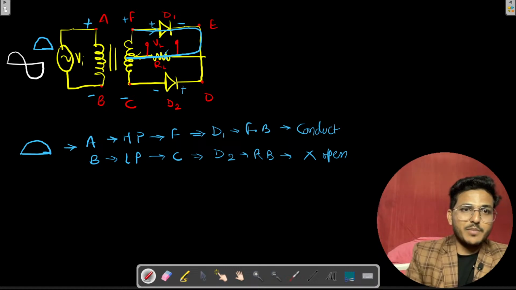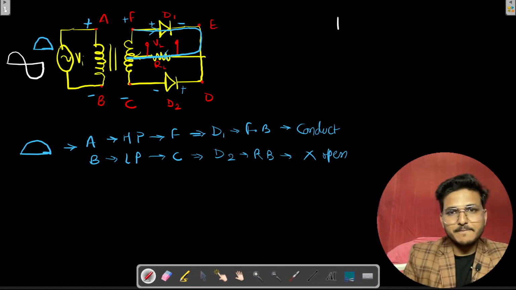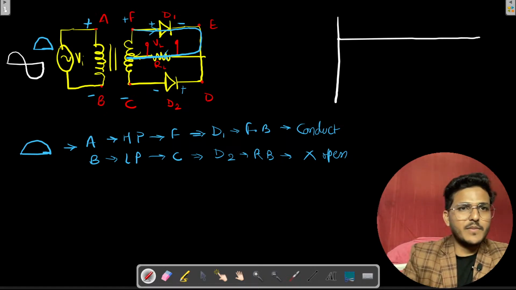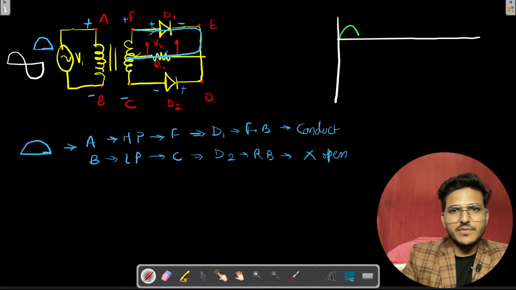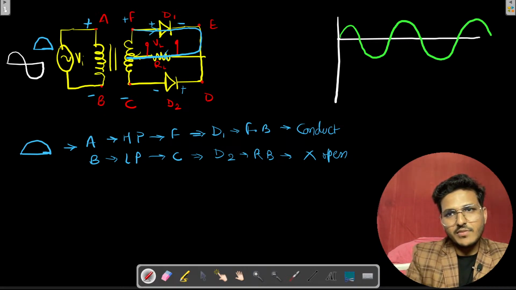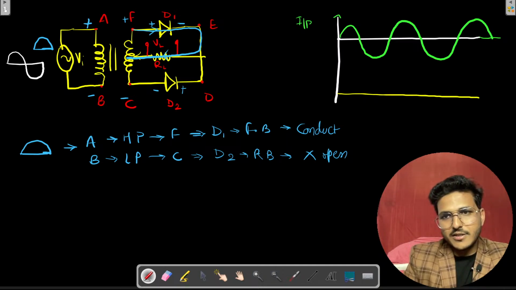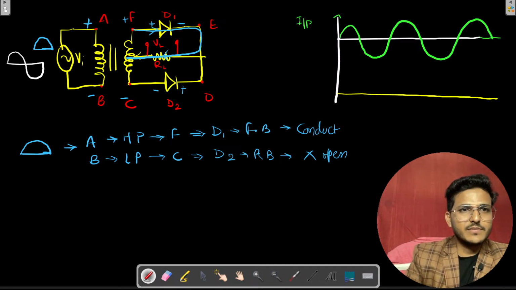But see, I just plot the VI characteristic, or you can call it the input and output waveform. This is basically the input, and at the bottom I just draw the output.